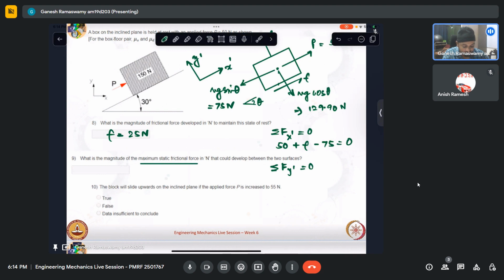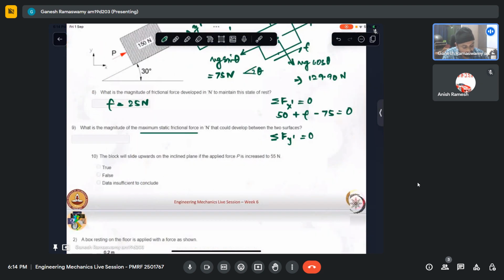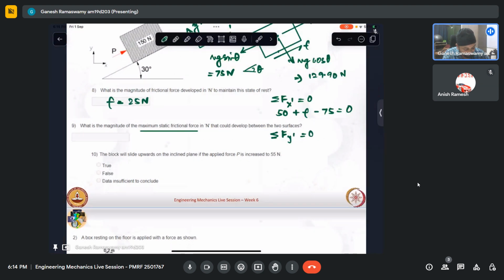We know that this box is not going through the floor. So sigma Fy is indeed 0. So this gives us n minus mg cos theta equaling 0, in which case n equals mg cos theta.